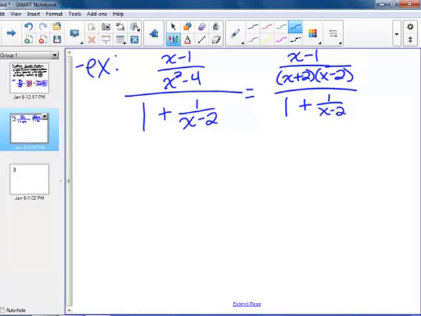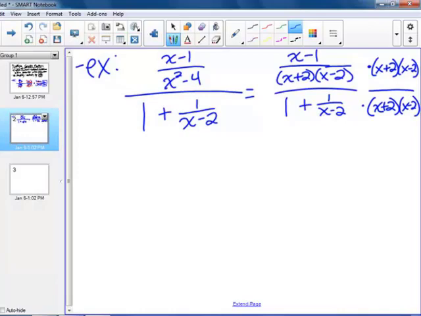I'm going to look at all the denominators and include all of them in what I'm going to multiply by. So I'm going to need an x plus 2 and an x minus 2. Now I look at the bottom: is there anything else I need? Well, there already is an x minus 2, so that is already covered. That should be good.